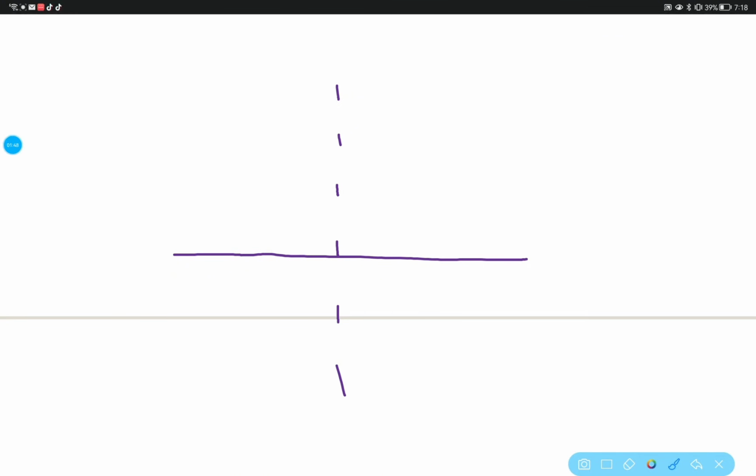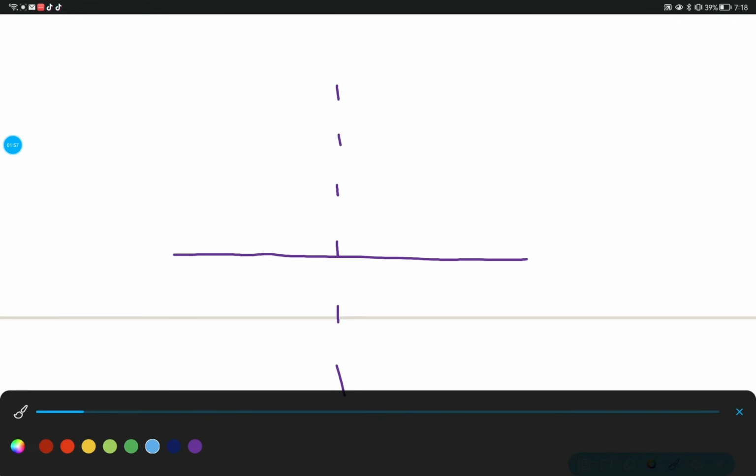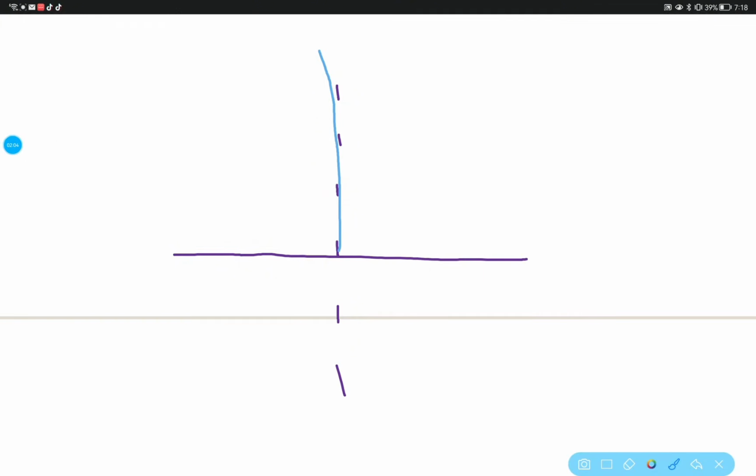They said the light strikes directly, normal to the boundary, like this. Sorry, that's meant to be a straight line. If it strikes normal to the boundary, the light is going to go straight through without refracting. So it's just going to go straight down like that.